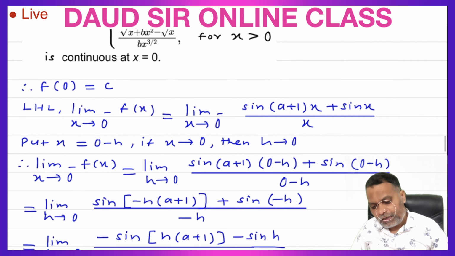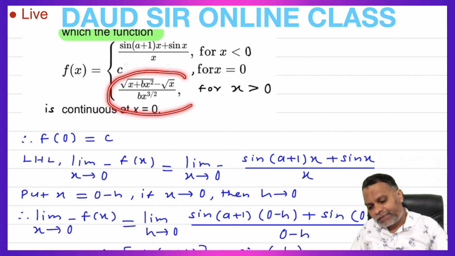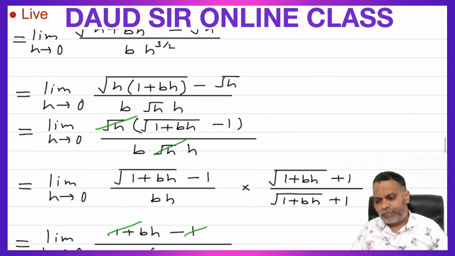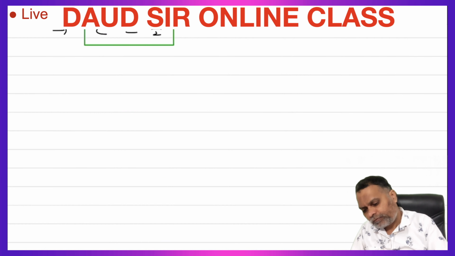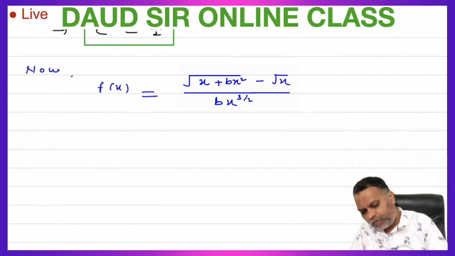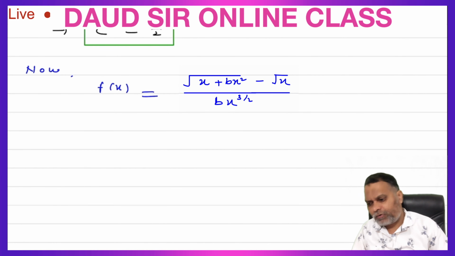For this, look at this value, x into under root bx square minus under root x upon bx to the power 3 upon 2. This is the value of function. f of x is equal to under root upon bx raised to the power 3 upon 2.